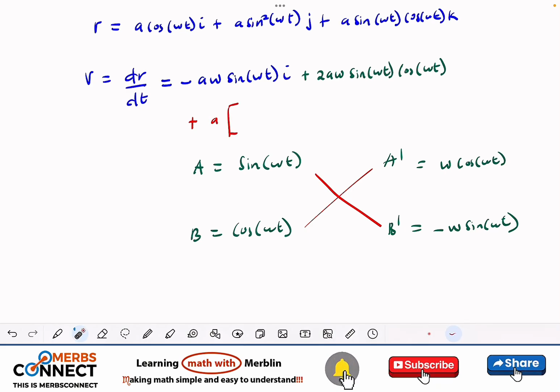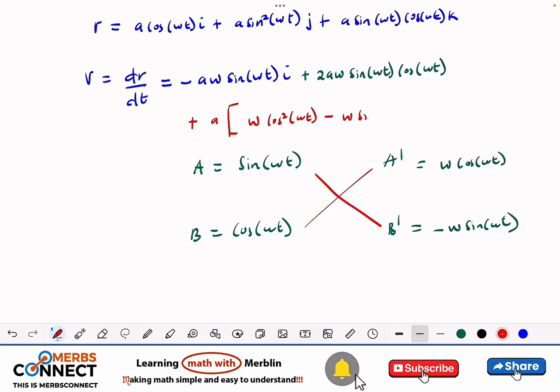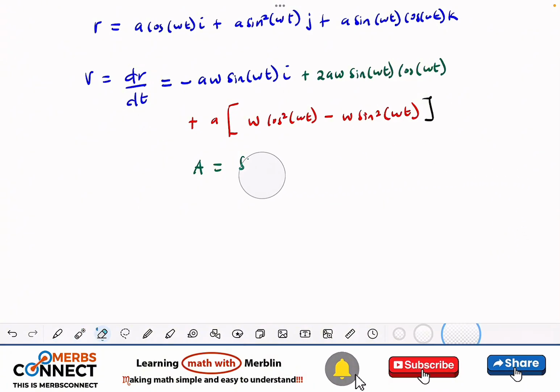Then this times this is going to give us omega cos squared omega t, plus this times this. The product rule we do plus, but this is minus, so this is going to produce minus omega sine squared omega t. Good. So here your differentiation must be very, very good.